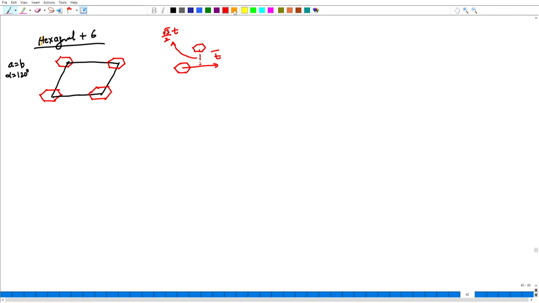Now, this is interesting. If I drop a perpendicular out here, this will not look like a perpendicular because I have not drawn a perfect 120 degrees. This actually is the midpoint.